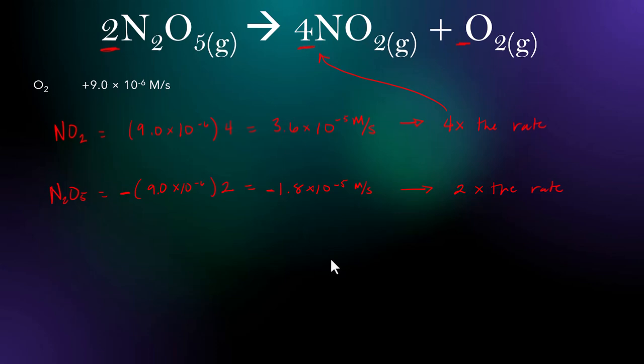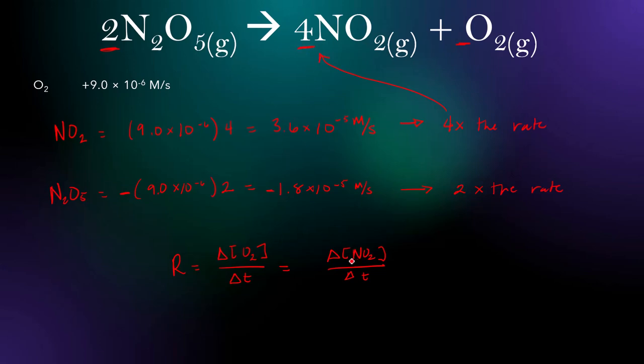So now if we were writing a general rate equation for this, we would start out with what the question gave us, so the change in concentration of O2 over the change in time, and that's going to equal the change in concentration of NO2 over the change in time. However, NO2 is appearing at 4 times the rate.